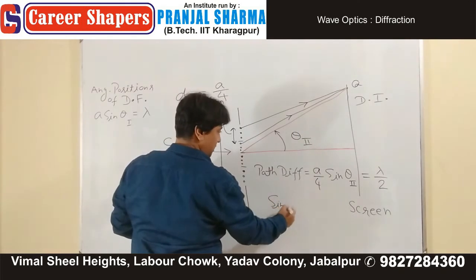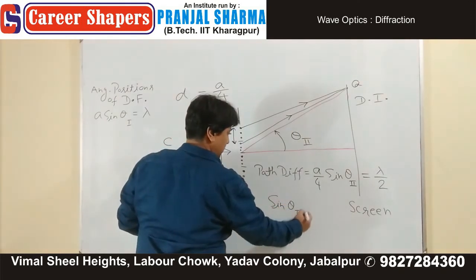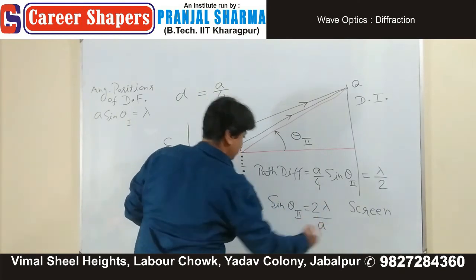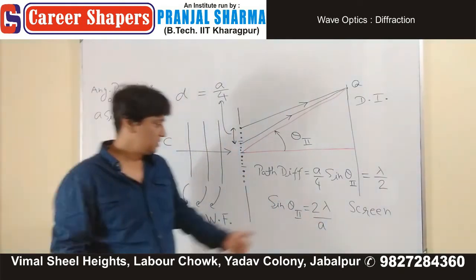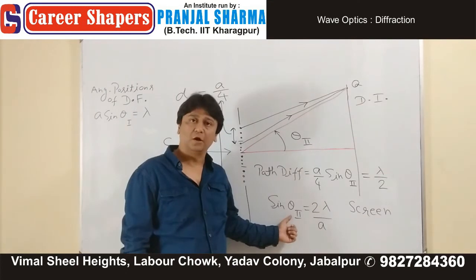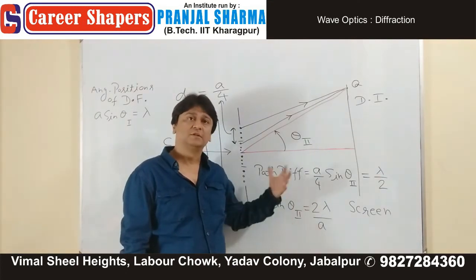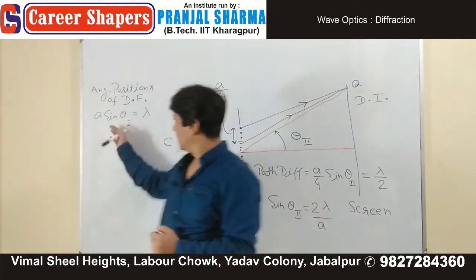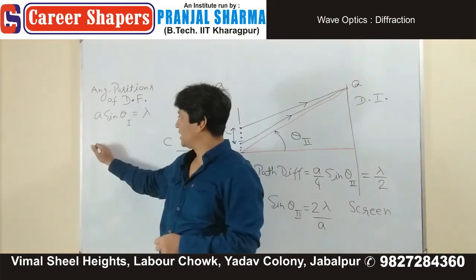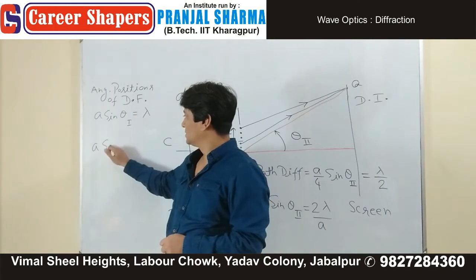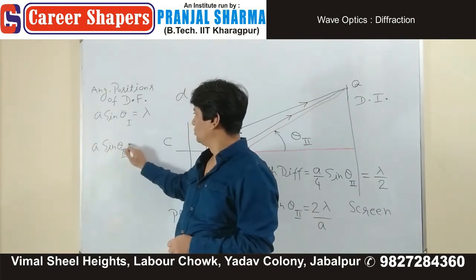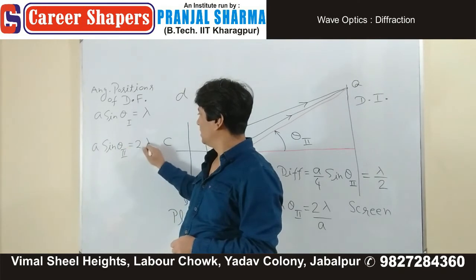And we have found the next angular position, which is coming as sine theta 2 equals 2 lambda divided by A. This is the angular position of the second dark fringe. Over here, we'll write it in this form: A sine theta 2 is 2 lambda.